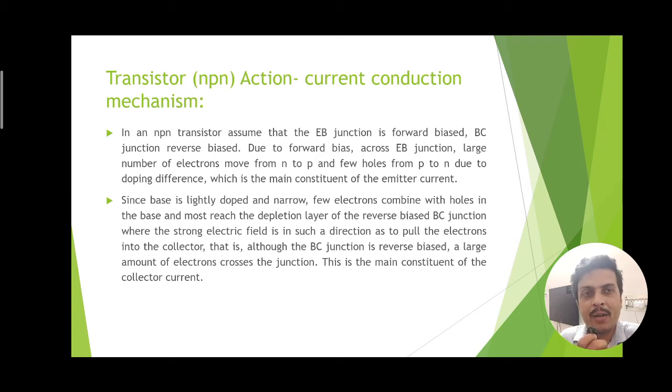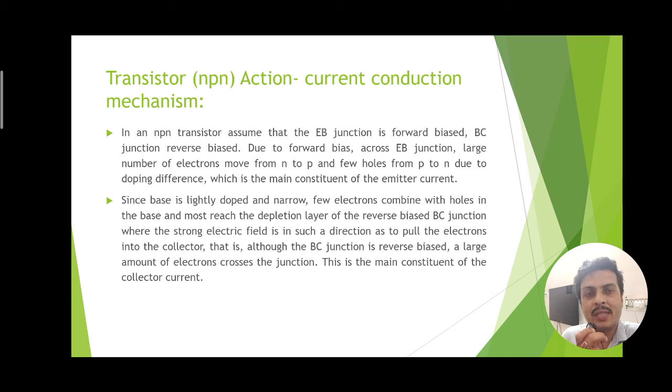Now under this situation, there are minority charge carriers residing in the collector region, or holes. So since collector terminal is applied with positive voltage, therefore the holes residing in the collector region as minority carriers will be repelled by the collector terminal and they will be entering into the base region.